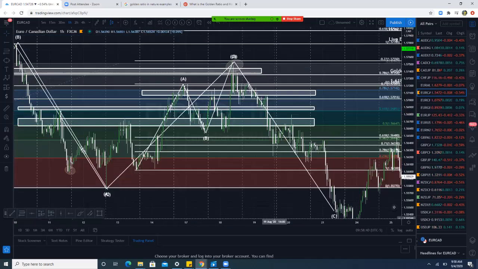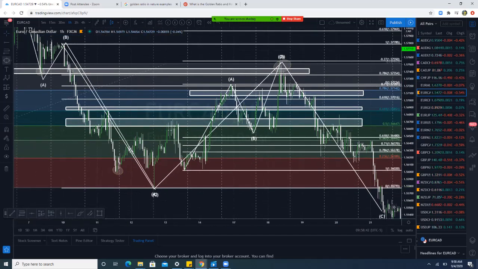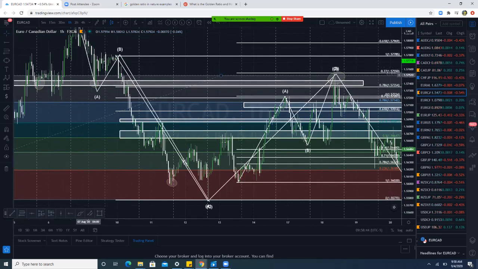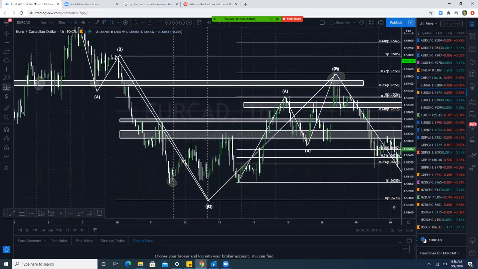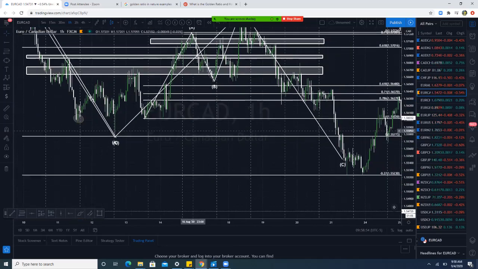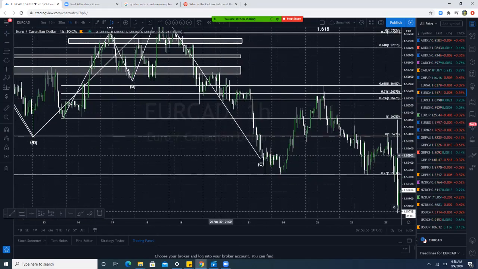Did I do it correctly? Nope. Redraw it. Oh, there it is. But it comes to that 27 level, and then it comes back.